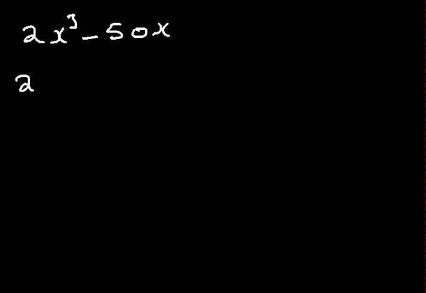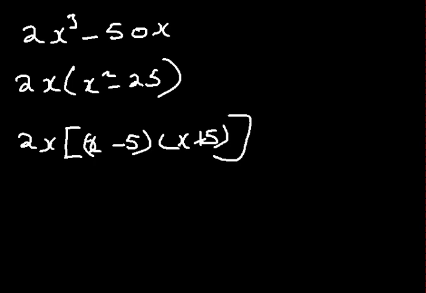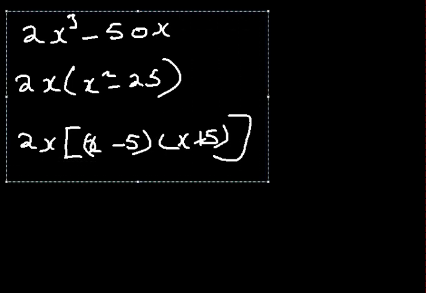We have 2 and also x. So you have x squared minus 25. Now as you can see, in the brackets we have the difference of two squares, which means we can have it as 2x times x minus 5 times x plus 5. So that's how you do it. So you need to look carefully and see what the problem is about.